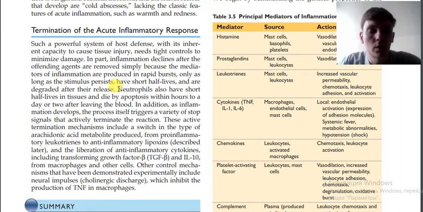Neutrophils also have short half-lives in tissue and die by apoptosis within hours to a day or two after leaving the blood. In addition, as inflammation develops, the process itself triggers a variety of stop signals that actively terminate the reaction. After this, the repair mechanism of the tissues is activated, and how it works will be discussed more in the repair topic.